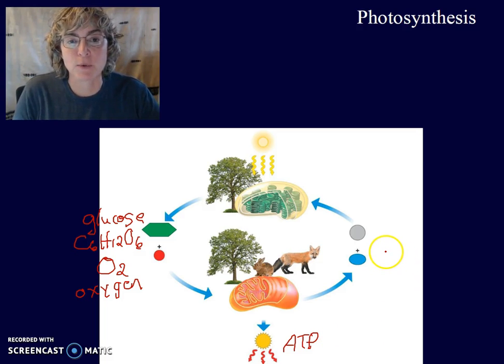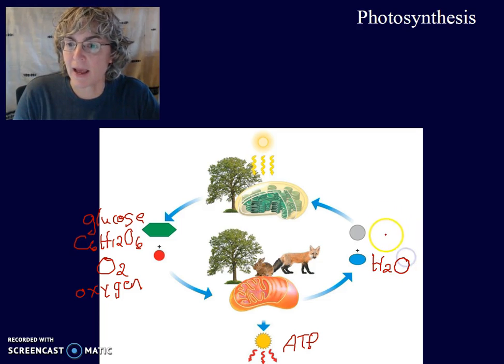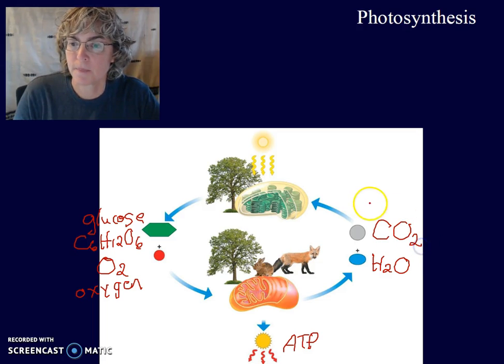And cellular respiration gives off the products carbon dioxide and water.